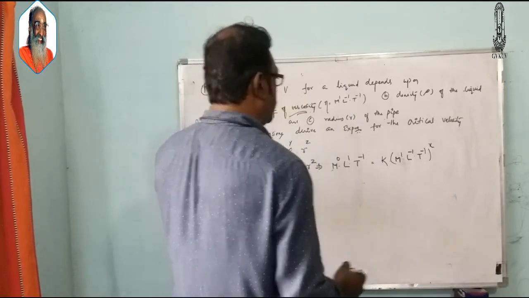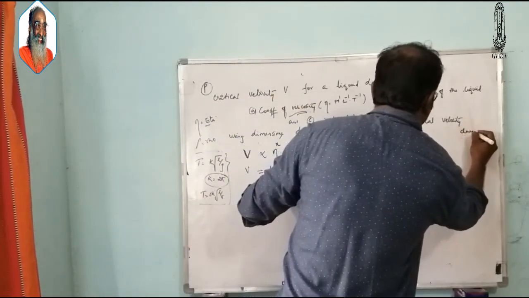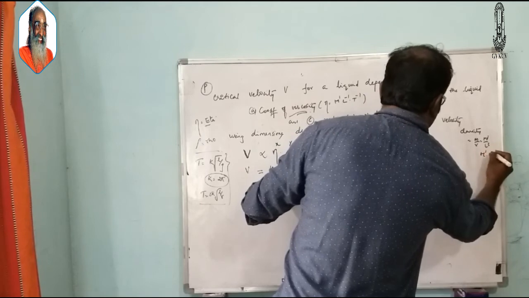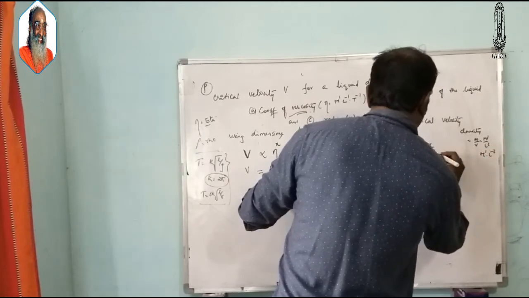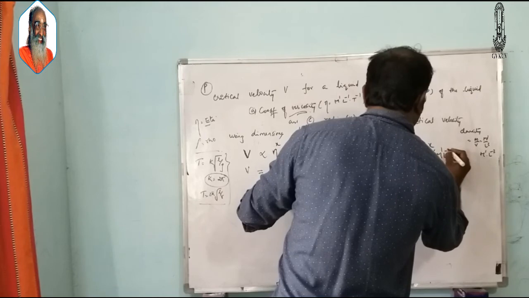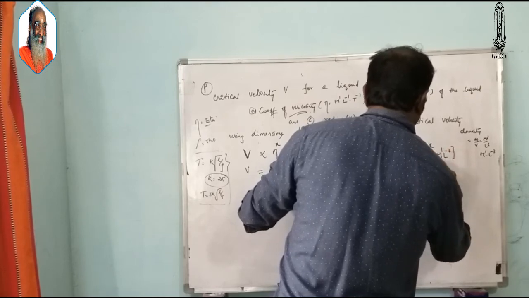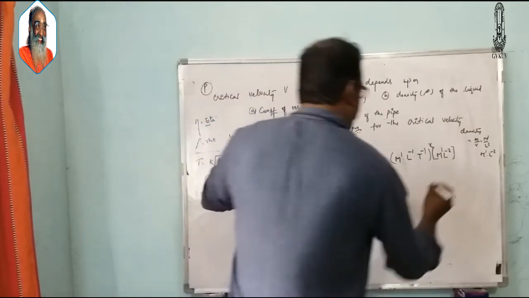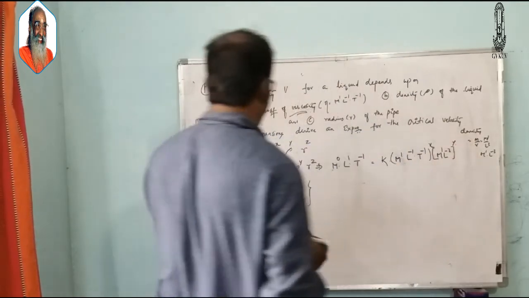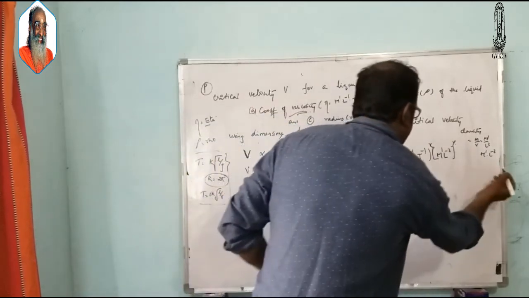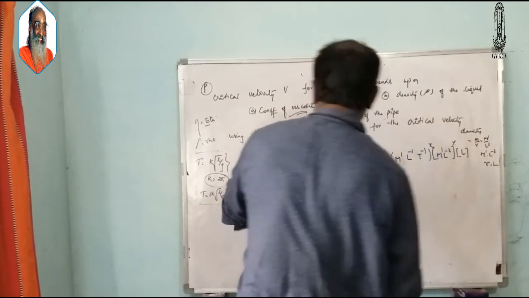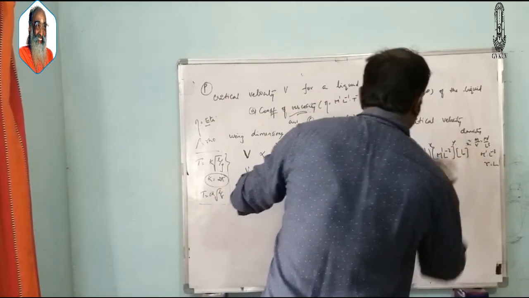Rho is density, and the dimensions of density are mass by volume, so M1 L cube in the denominator, M1 L to the power of minus 3, raised to the power of y. And the radius is nothing but a length, so the dimensions are L, raised to z, which we assumed here.